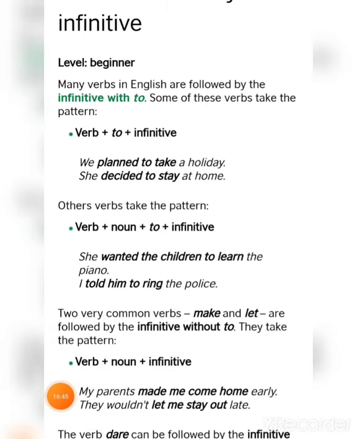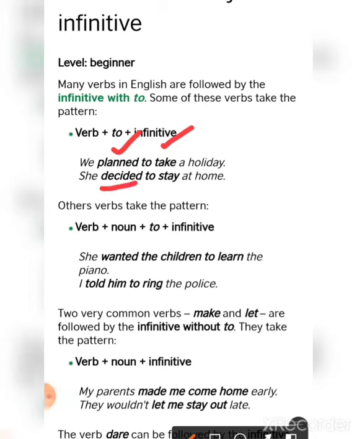Now let me give you some examples of verb plus infinitive. For example, we plan to take a holiday. Here plan is a verb, after that to take is the infinitive. We decided to stay. Decided is a verb, and to stay is the infinitive. You can also learn the sentence in this way as well.